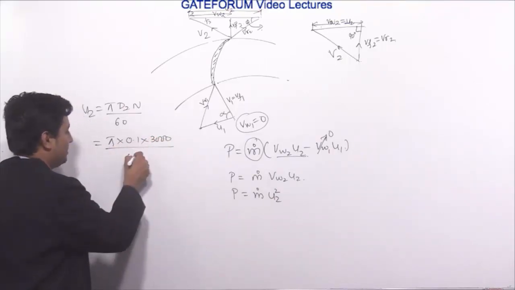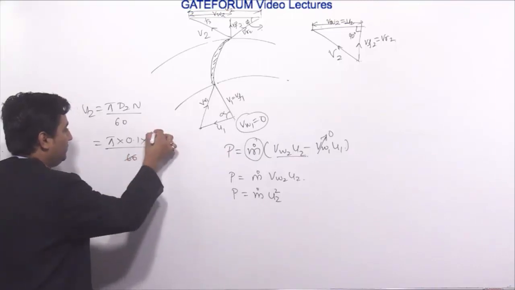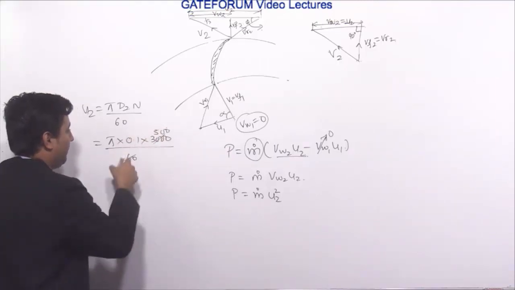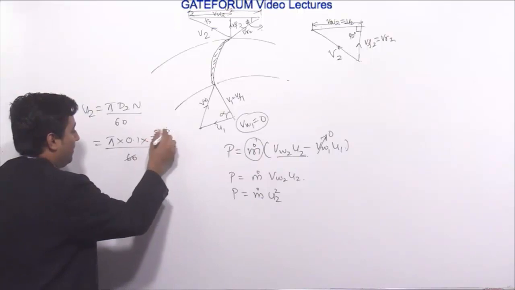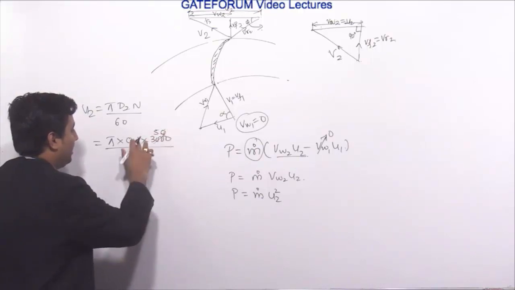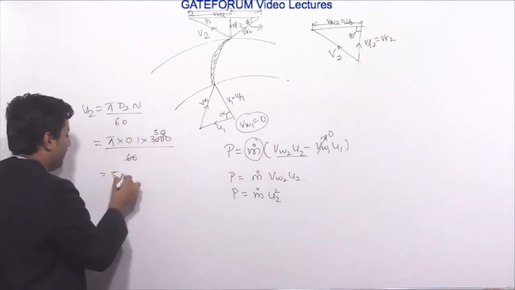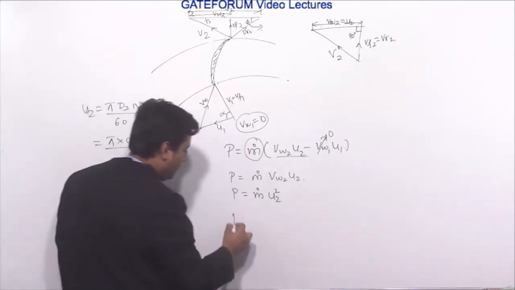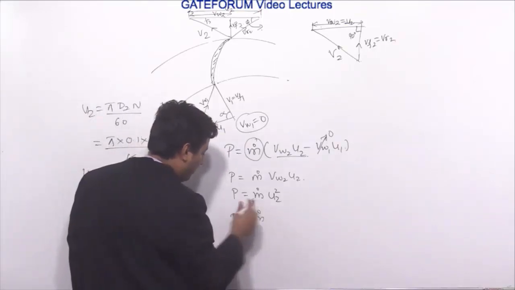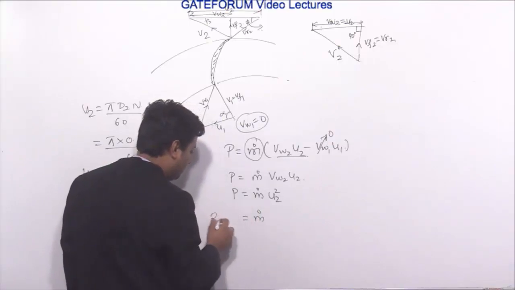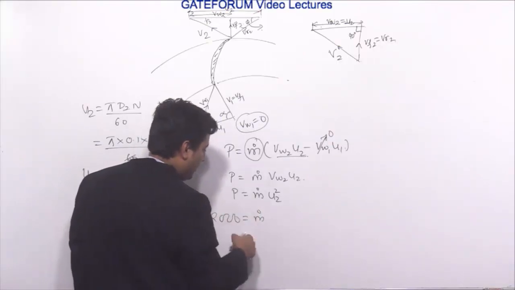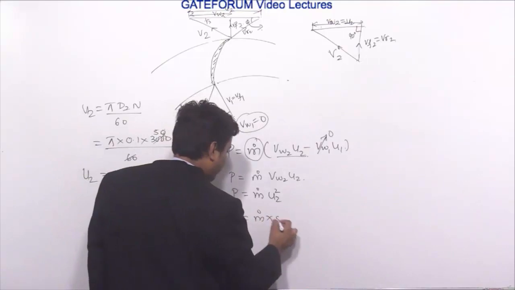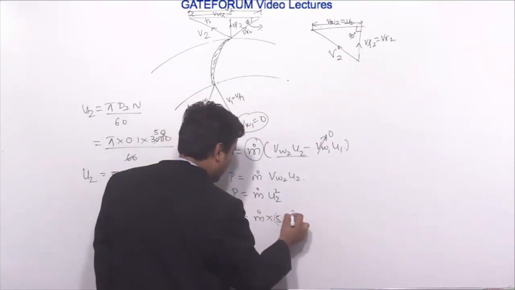So 0.1 times 3000 divided by 60 gives 5, so U2 is equal to 5 pi. So P is equal to m dot multiplied by (5 pi) square, and power is given to you, that is 2000 watt.